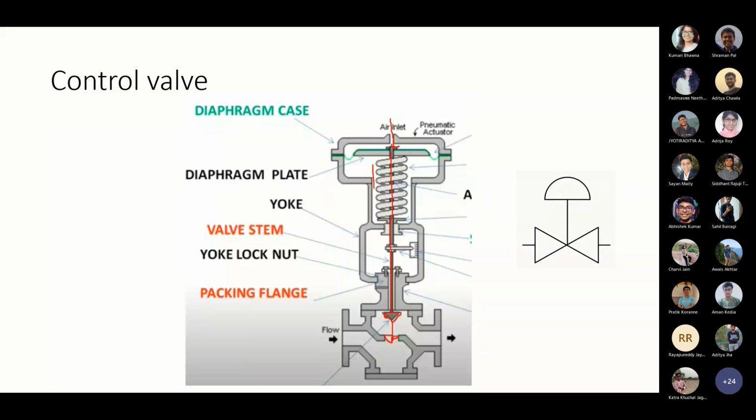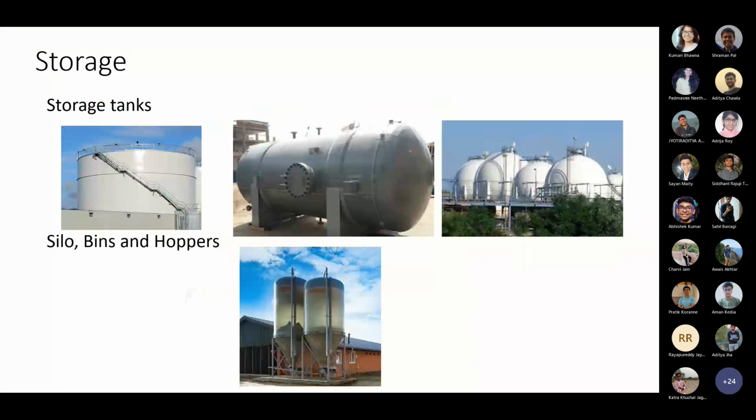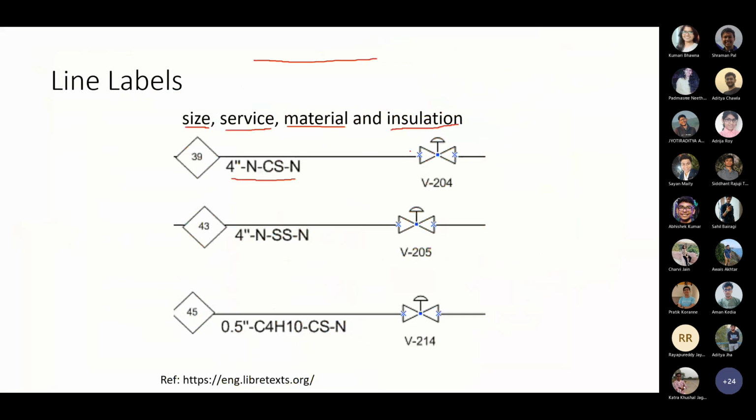When you apply pressure and push the spring down, the valve seat moves down and closes. You can move this by various means. That is called valve actuators.